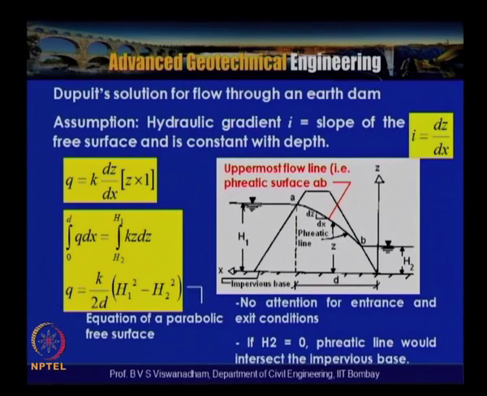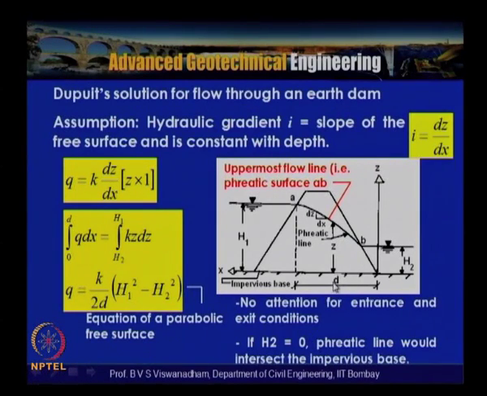So if you look into this, this is the equation of the parabolic surface, which is estimated by Dupuit in the solution, with the assumption that the hydraulic gradient is nothing but the slope of the free surface and is constant with the depth. That is the assumption which has been made in Dupuit's solution for estimating the flow through the earthen dam.